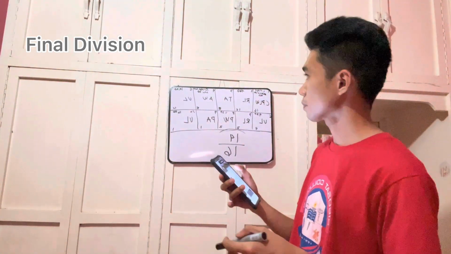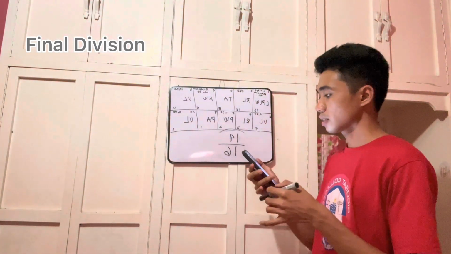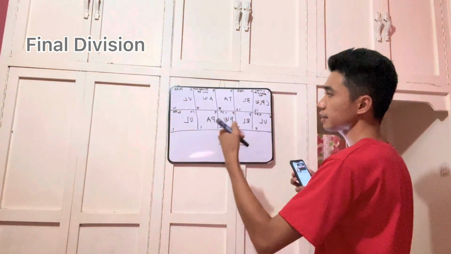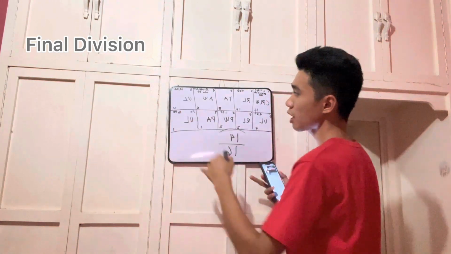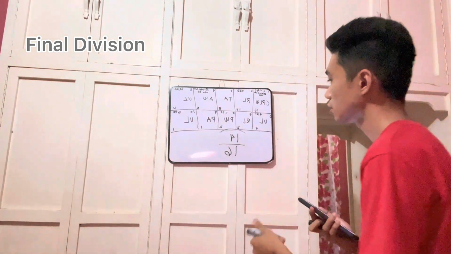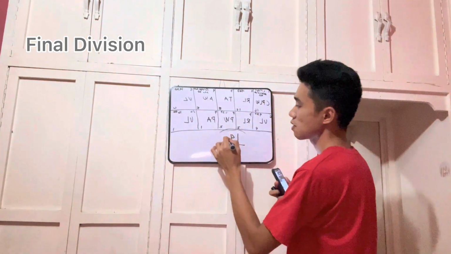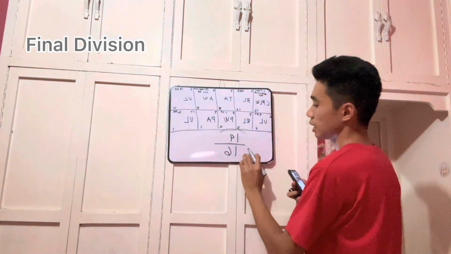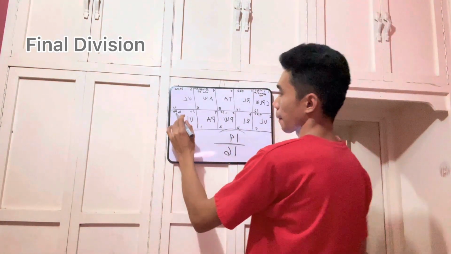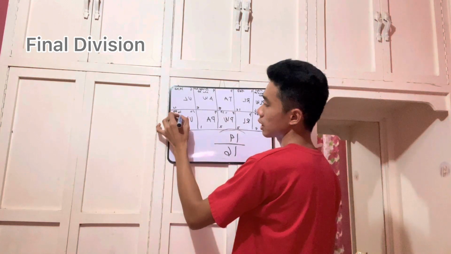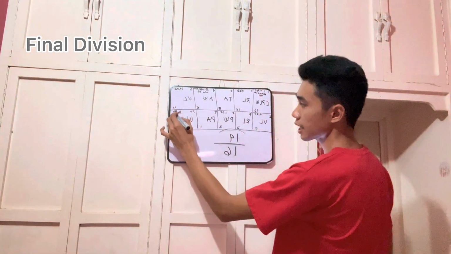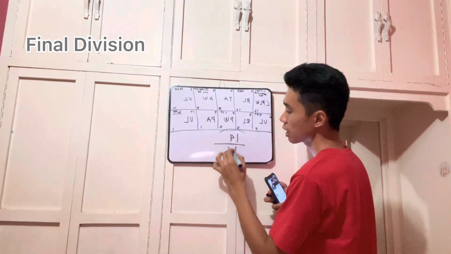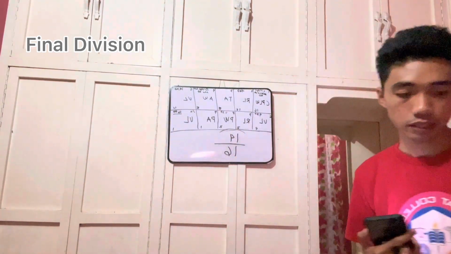So, sa right natin is 14 ridge. So, the numerator is 14. And the denominator is 16 ridge. So, 14 over 16.